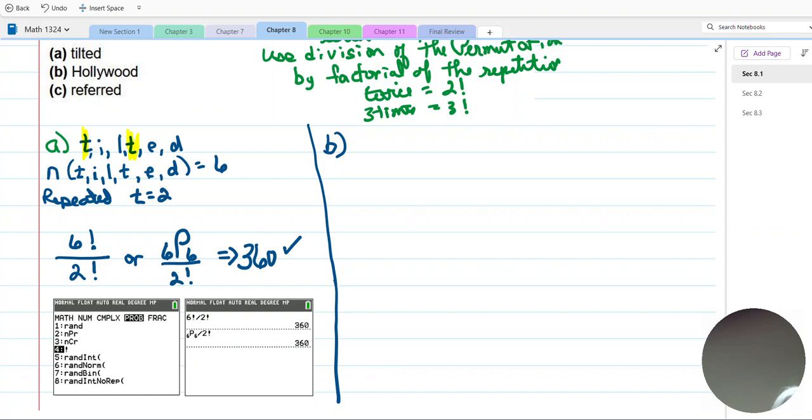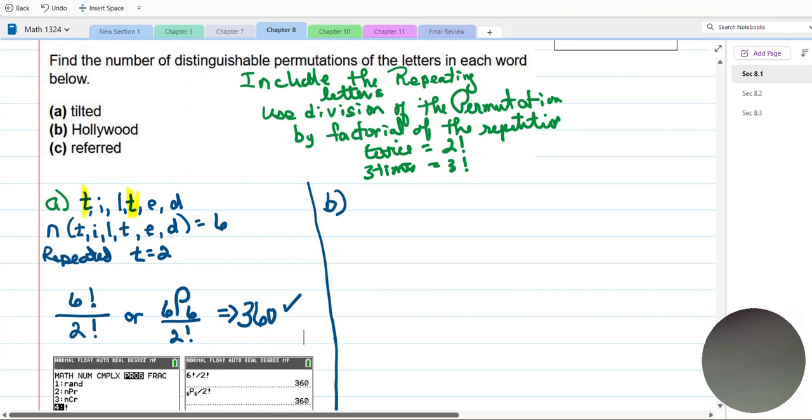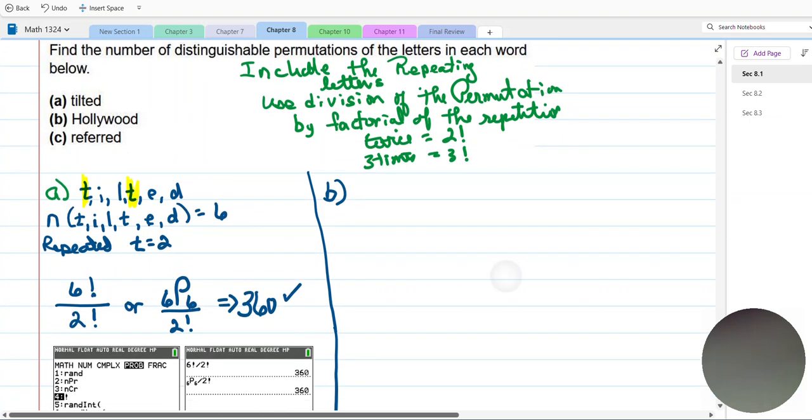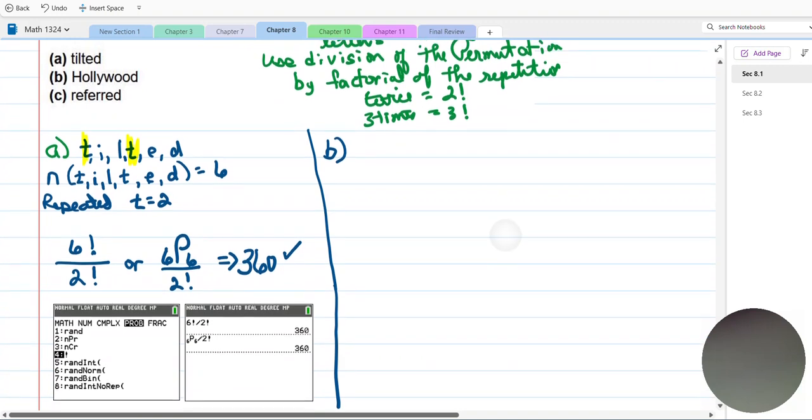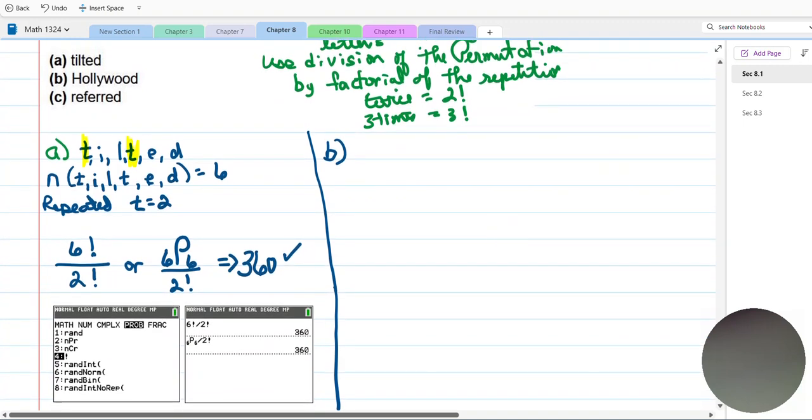We're going to continue on with the lesson on section 8.1 on counting principles, multiplication rule, and permutations. And we're now at part B of the question regarding the number of distinguishable permutations of the letters in each word, and we're looking at repetition as well.